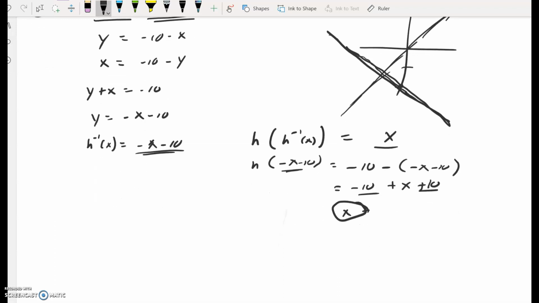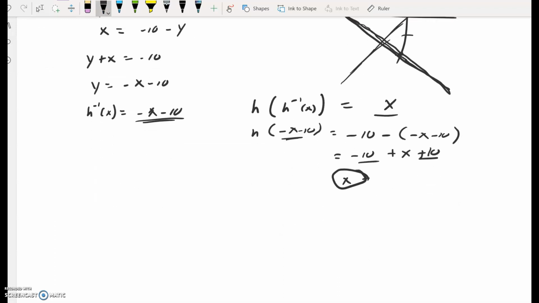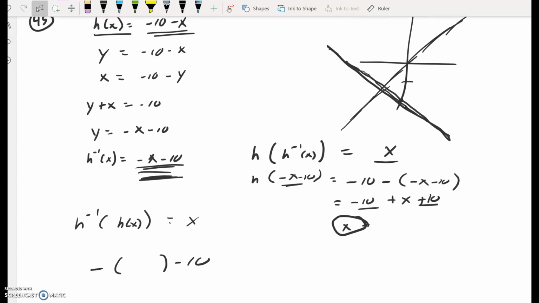Not only does this have to be true when you have inverse functions, but it has to be true the other way around. So if you take the inverse function and put the function itself inside, it has to equal x as well. So I'm going to take the inverse function, that's this one, and I'm going to put this one inside of it.